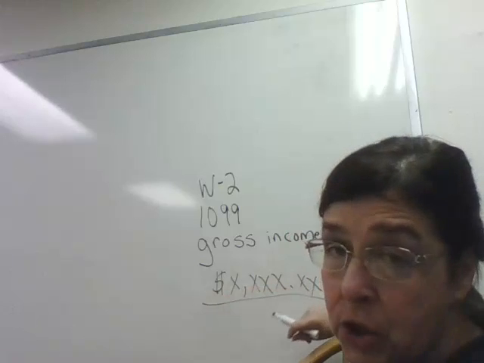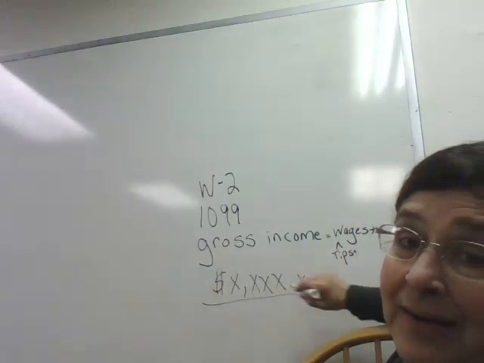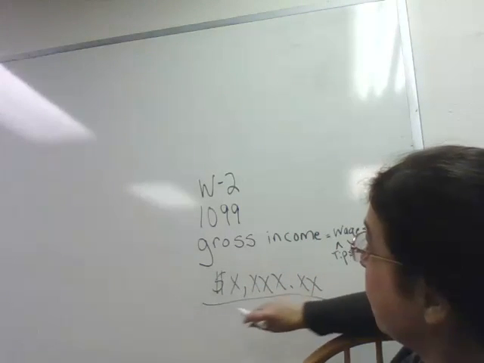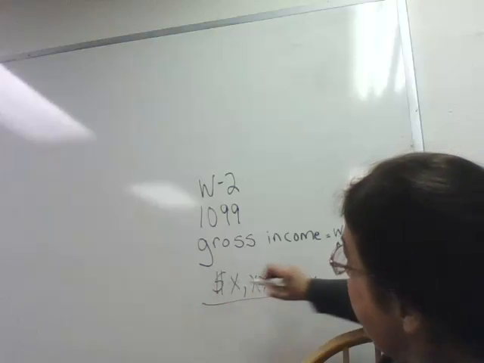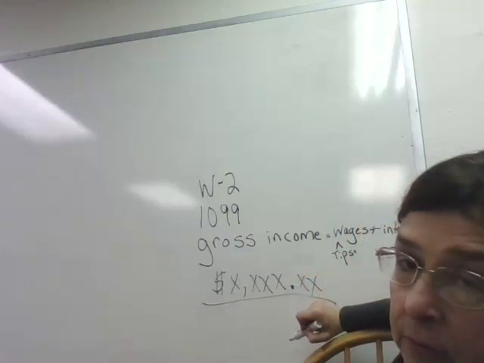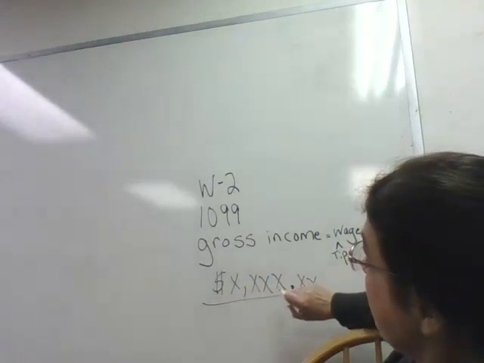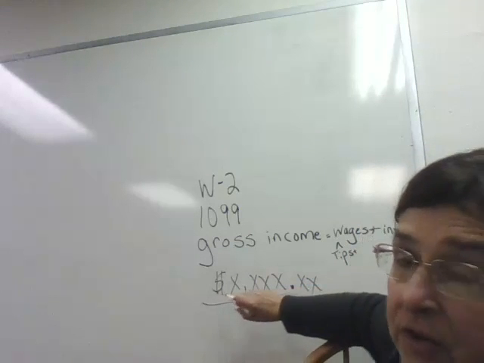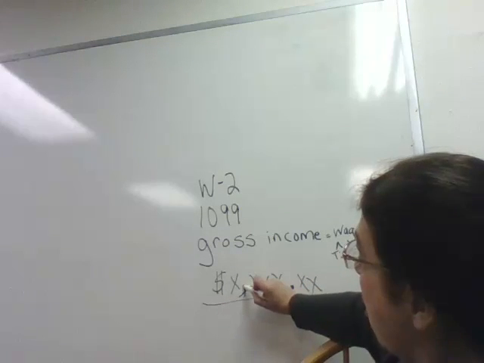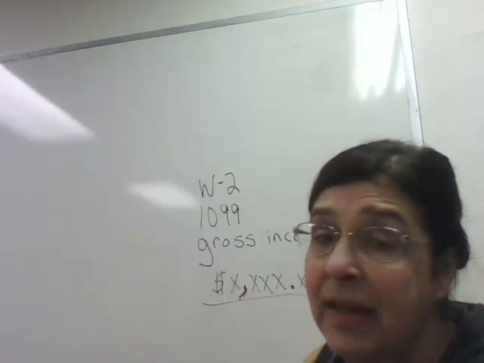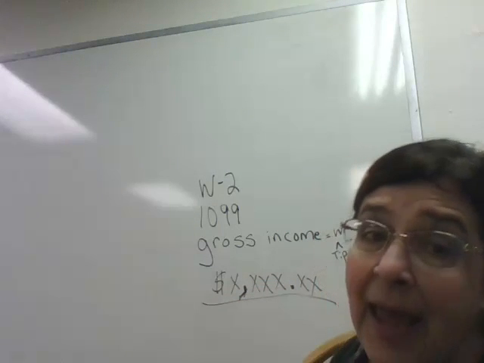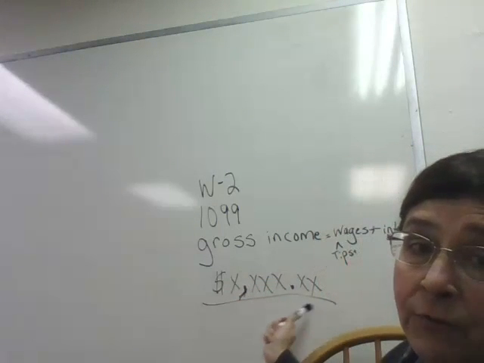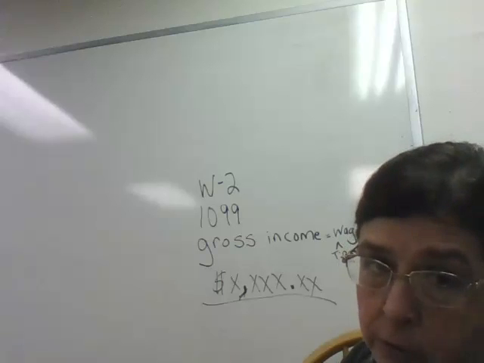That's to remind you to put it into that format. If your answer is money, you need a money sign and a decimal in the right spot. If the amount is over $1,000, you need to add the comma.